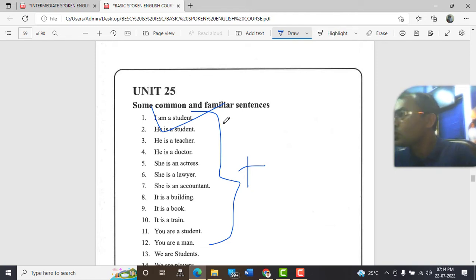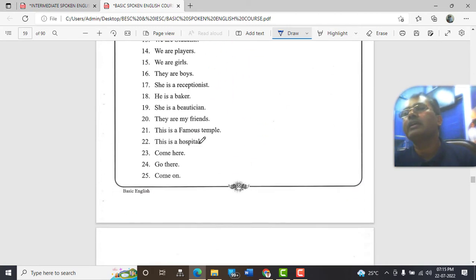That means I was a student in this school, and I am a teacher now. It is 2 sentences. How will I join them? I will say I was a student and now I am a teacher in this school. This sounds like, hey, he told 2 things. Some of them will be able to say 3 and 4 and so on. That is the usage of complex sentences. When you use complex sentences, people say, wow, she or he knows good English.